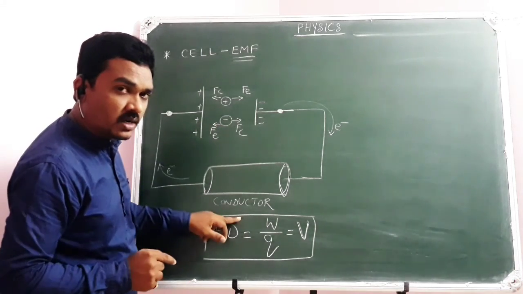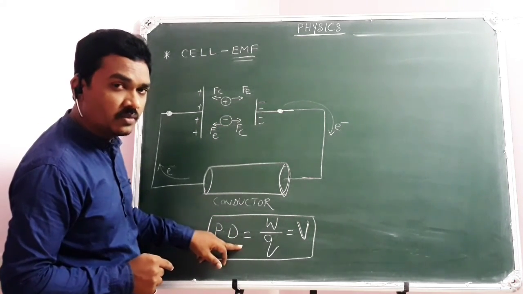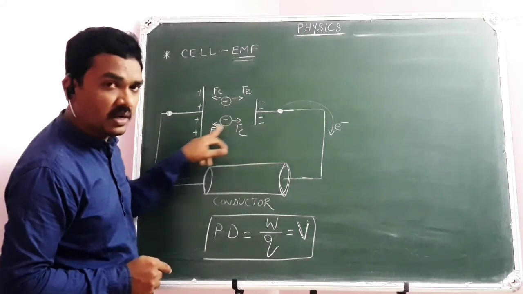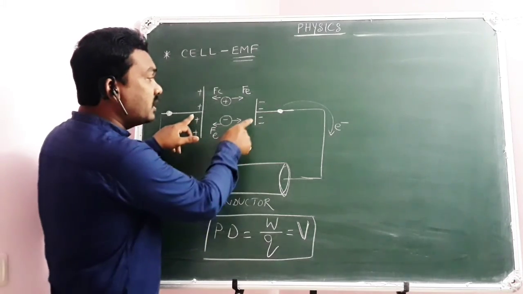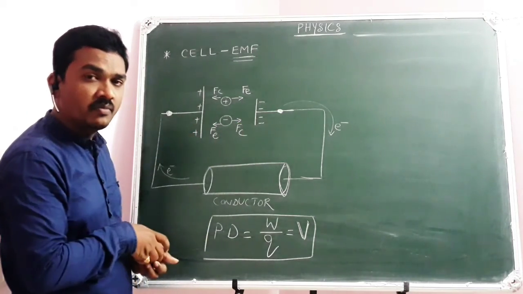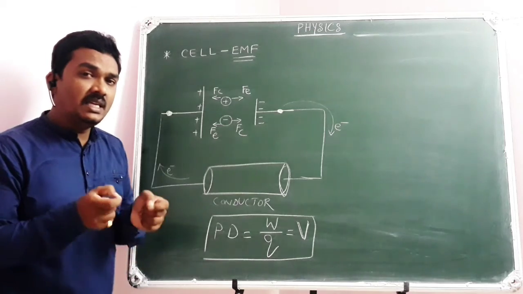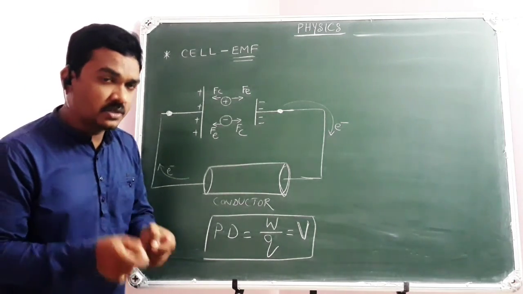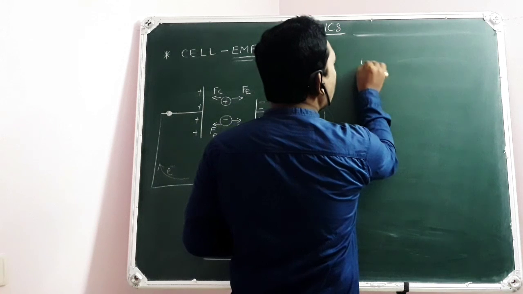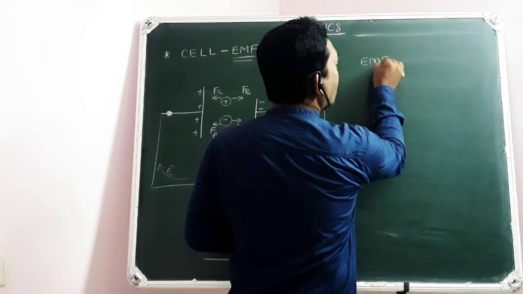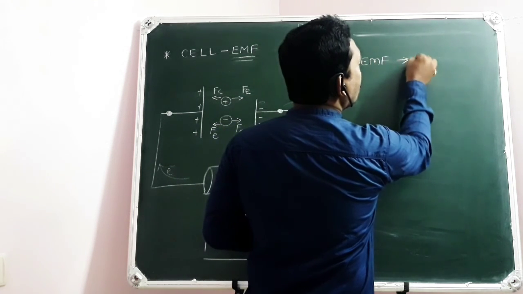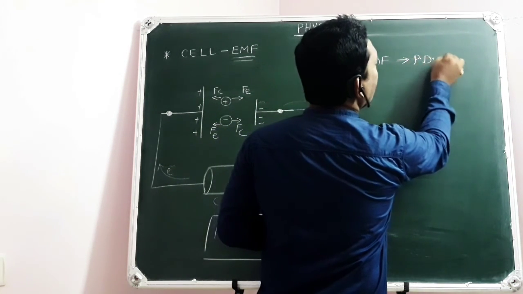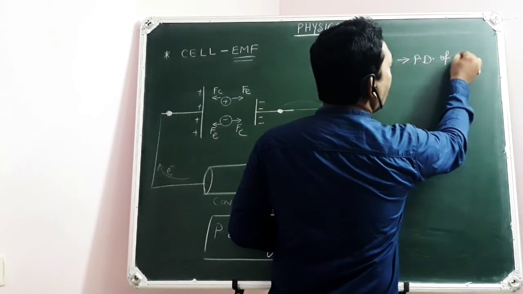Means the amount of work done per unit positive charge to carry from one point to another point is nothing but the potential difference between these 2 points only. It means the EMF of a cell is nothing but the potential difference across the terminals of the cell, or the voltage of a cell.